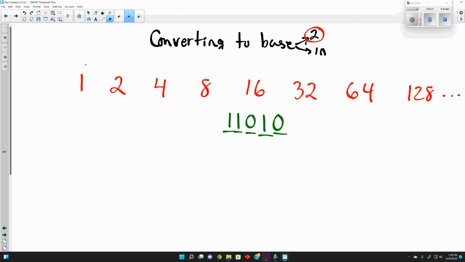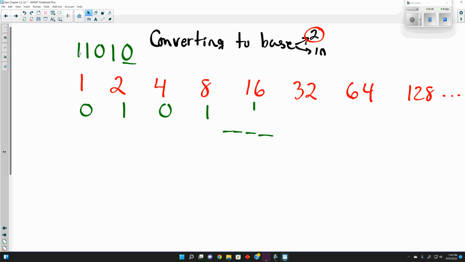Because if we really wanted to work this out, we can use these numbers we have written in red, the 1, 2, 4, 8, 16, 32, 64. Because we have 0, 1, 0, 1, 1, as I'm writing over the top of it. Let's move it over here. And we would just add the ones together.